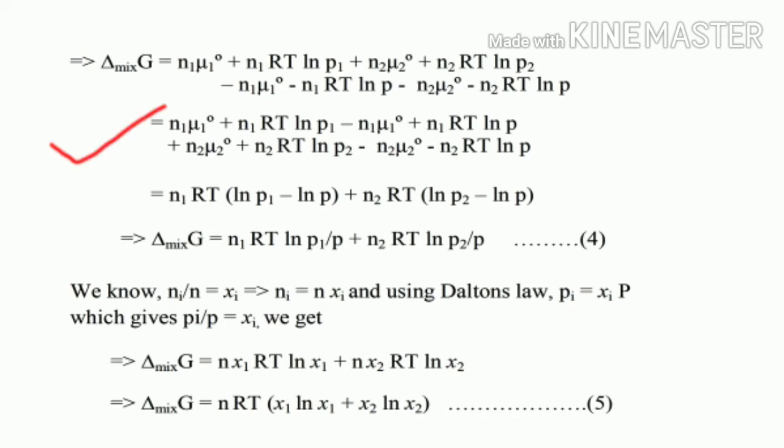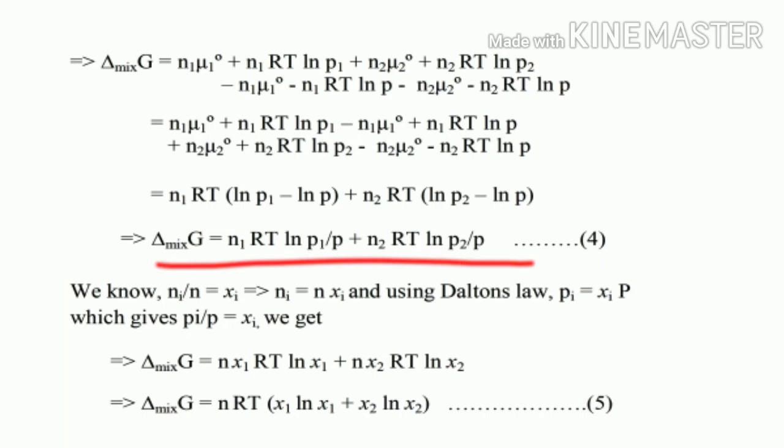From this we can write N1 mu1 naught plus N1 RT ln p1 minus N1 mu1 naught minus N1 RT ln P plus N2 mu2 naught plus N2 RT ln p2 minus N2 mu2 naught minus N2 RT ln P. So cancelling and rearranging, we can write del G mix equal to N1 RT into (ln p1 minus ln P) plus N2 RT into (ln p2 minus ln P).